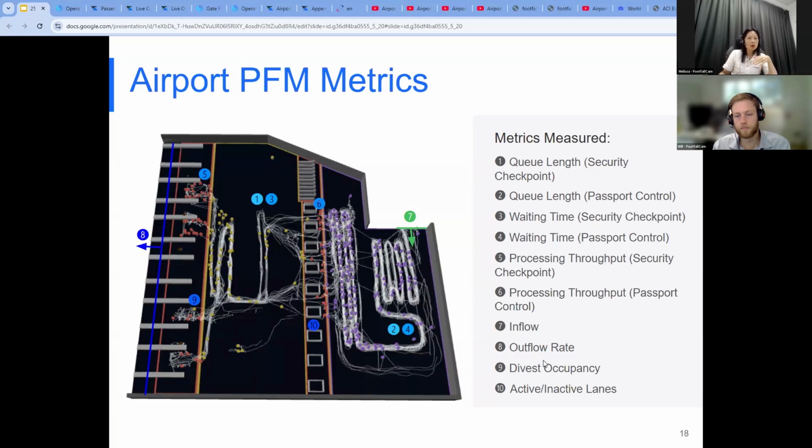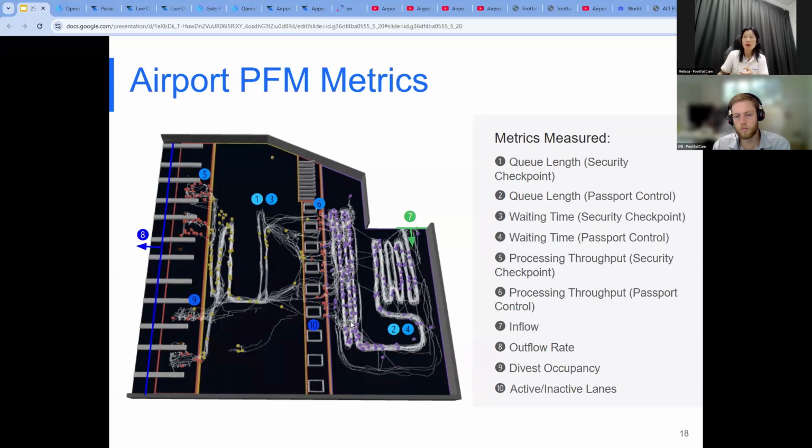And the inflow-outflow rate, which helps calculate the pressure building up or the dissipation of the crowd. The processing area occupancy, which is critical for understanding space usage. And lastly, the active and inactive lanes, to identify underutilized capacity.